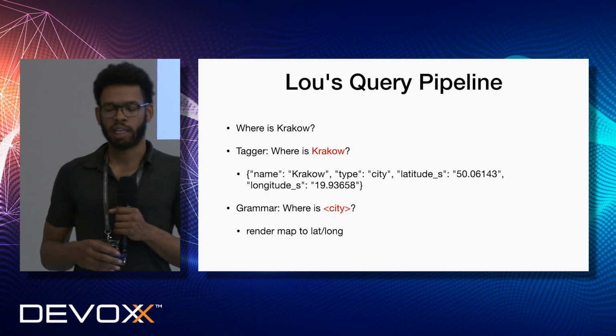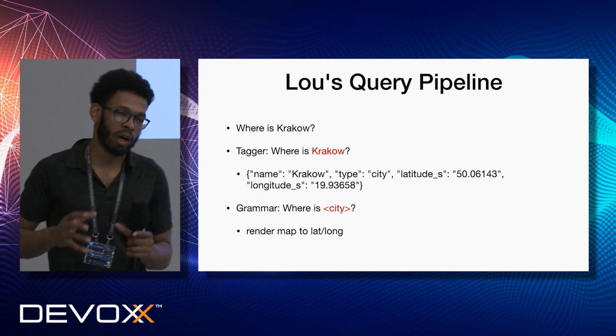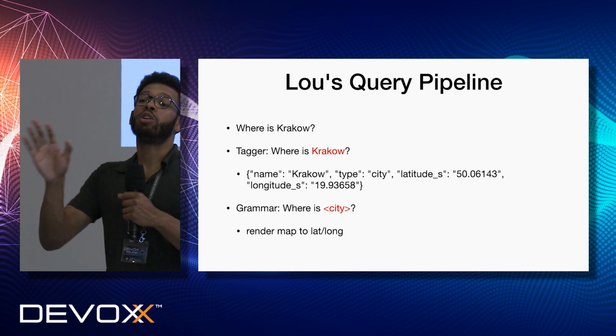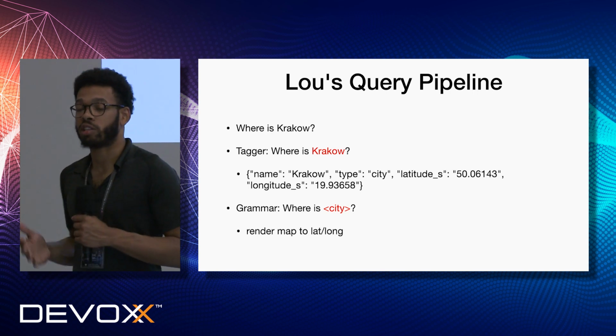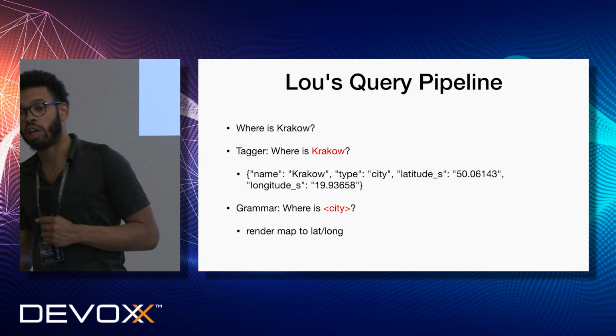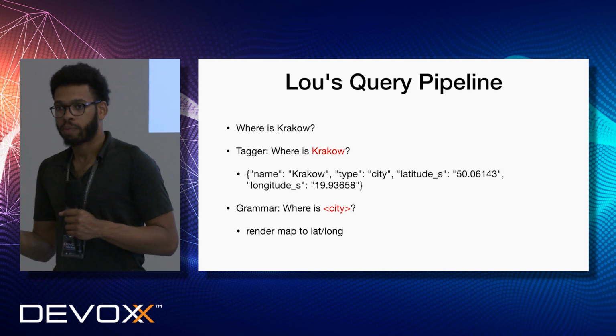So I challenge you to think about what defines context in your application. And even if you don't use the Solr Tagger, this is something that we need to think about when we're trying to build personalized and engaging digital experiences.